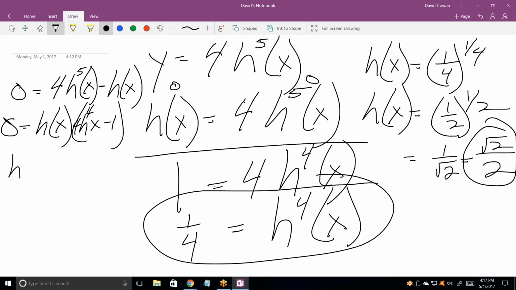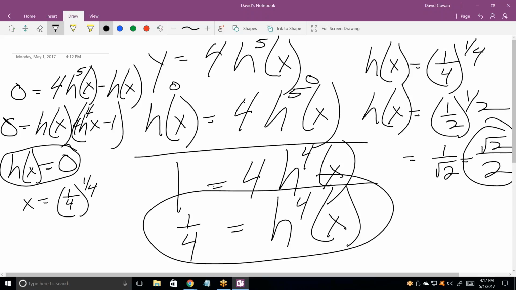And notice now I have two solutions: h of x equals 0 or h of x equals the 4th root of 1/4. So I re-picked up that solution, which is obviously a valid solution. And if you want to get it, the only way to do it is to not divide both sides of the equation by h of x, but to subtract h of x from both sides of the equation.